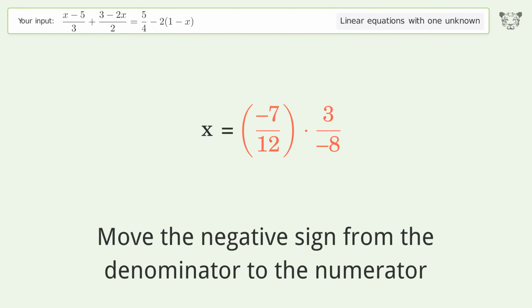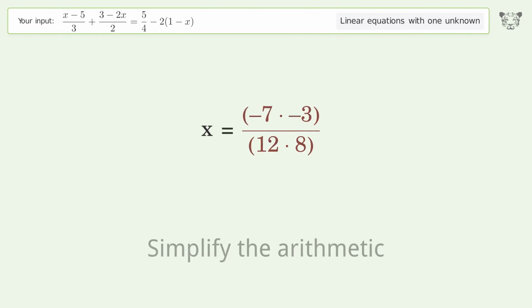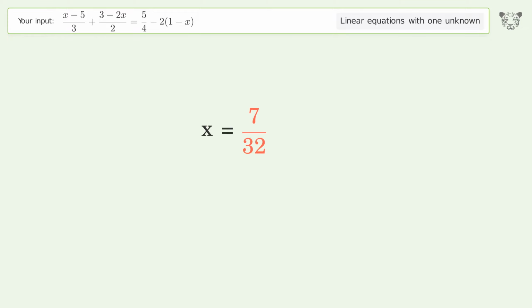Move the negative sign from the denominator to the numerator. Multiply the fractions. Simplify the arithmetic. And so the final result is x equals 7/32.